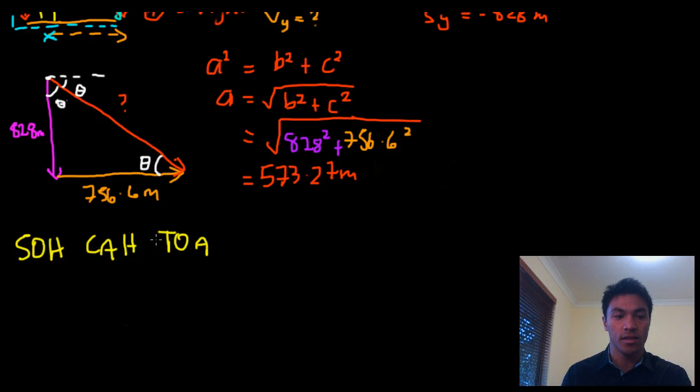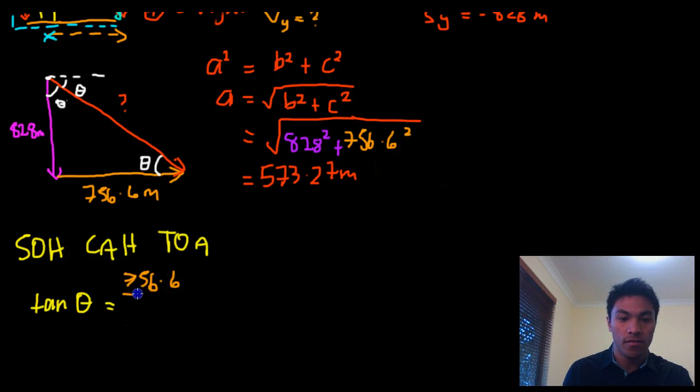We know that tan theta, so here we're going to get this angle, tan theta equals our opposite, the component that is opposite to that angle, which is 756.6, divided by the adjacent component, which is 828.